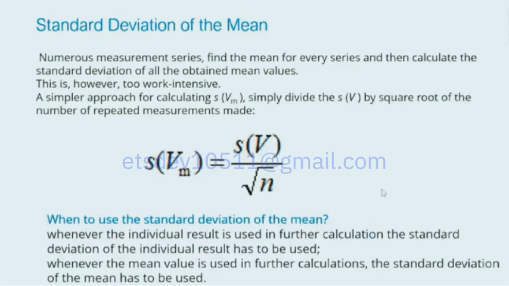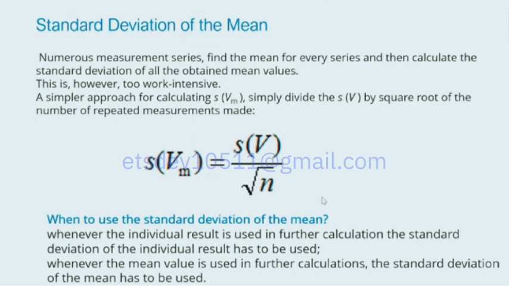And then very often we use the standard deviation of the mean for this, which is also what we use as the standard uncertainty. This is the standard deviation divided by the square root of n, the number of measurements. Here we have put V because I'm giving you the example of pipetting. Say you're doing 10 pipettings for an estimation. So when do you want to use this standard deviation of the mean?